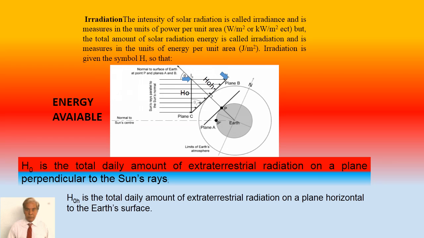Irradiation is given the symbol H, so that H0 is the total daily amount of extraterrestrial radiation on a plane perpendicular to the sun rays.